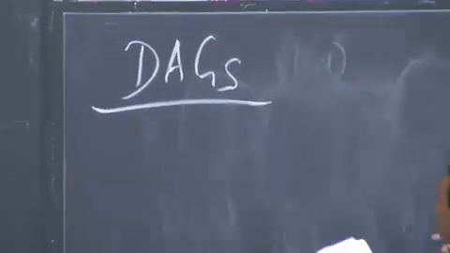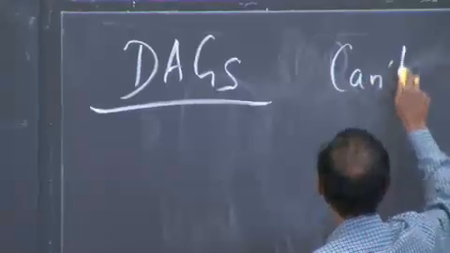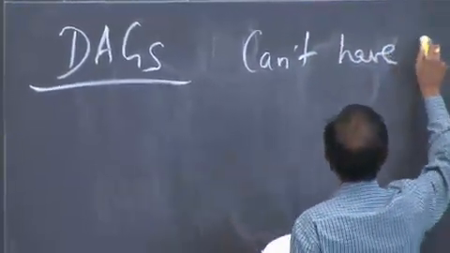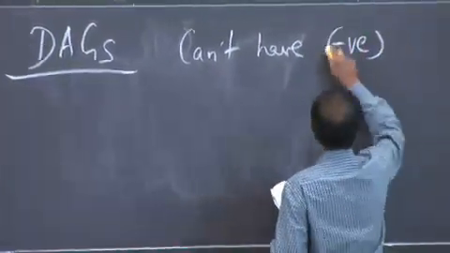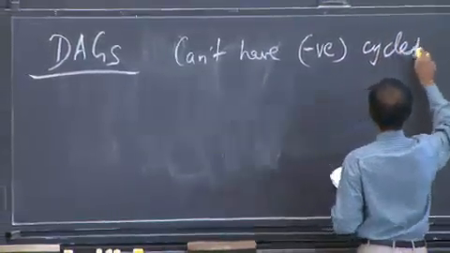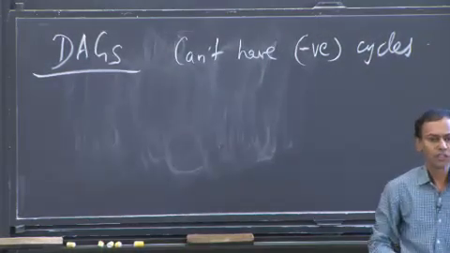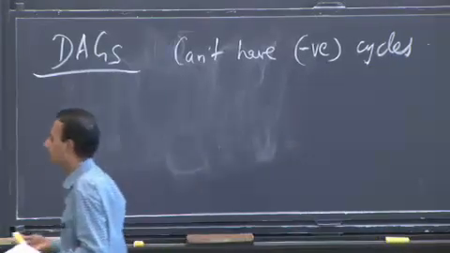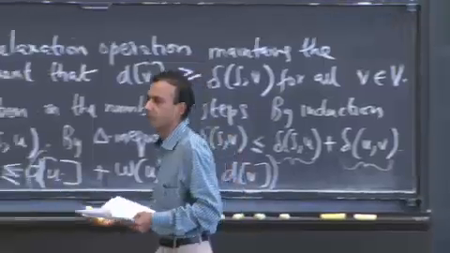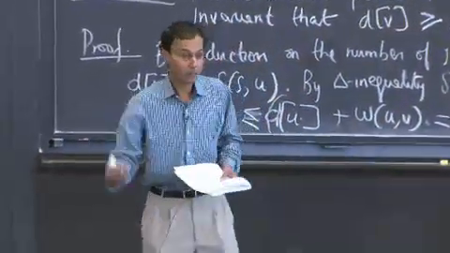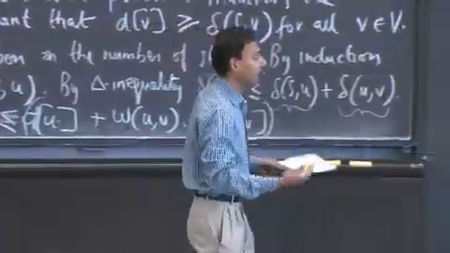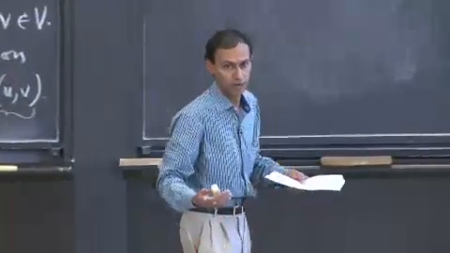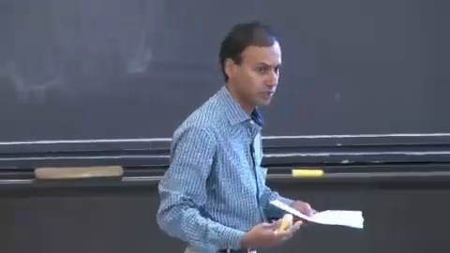That means we can't have cycles, so we can't have negative cycles. That's why this is an interesting special case. It makes things a little bit easier for us because we don't have to worry about negative cycles. We're actually going to look at DAGs that have negative edges in them. We're allowed to have negative edges in these DAGs, but we don't have negative cycles.